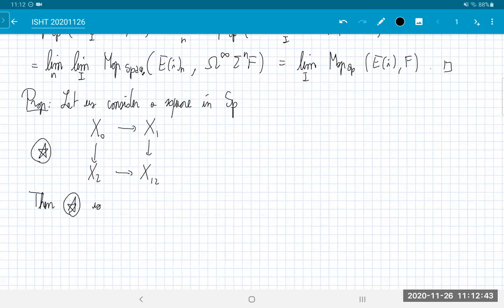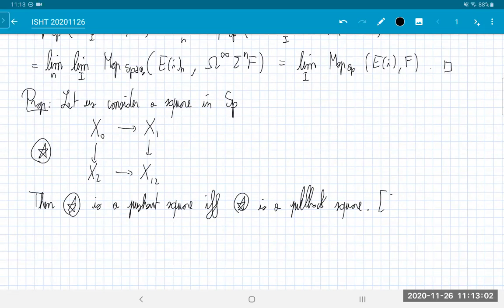Star is a pushout square if and only if star is a pullback square. And this property has an important name. It goes under the name stability.